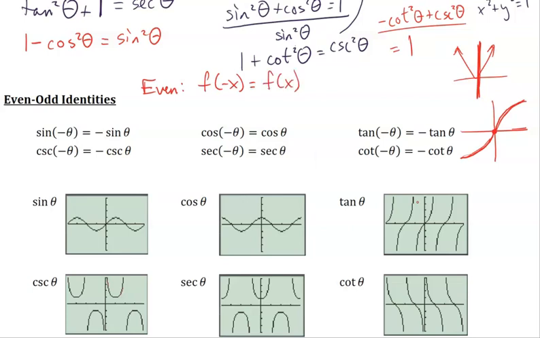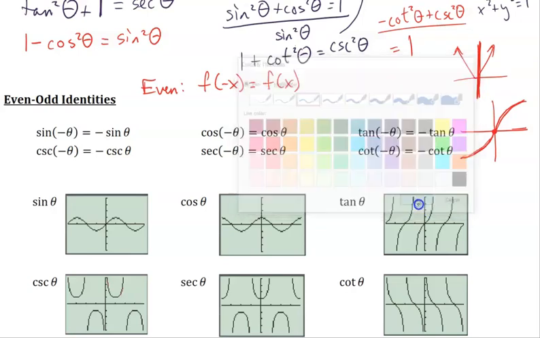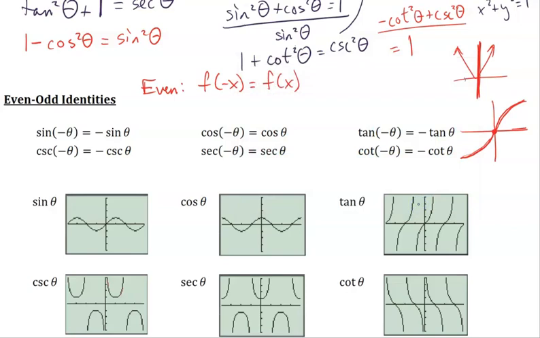Okay, in other words, if I plug in the opposite input for any value, I get the same thing out. Or think of it this way, if I plug in a number that is to the left of the x-axis, I should get the same output as if I plug in that same distance to the right. And I do on an even function, okay?